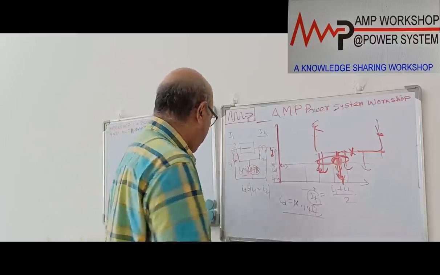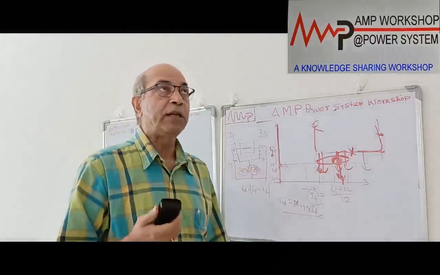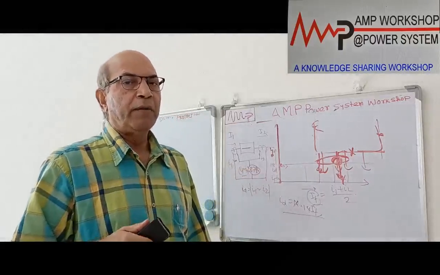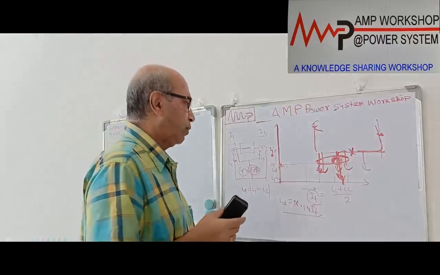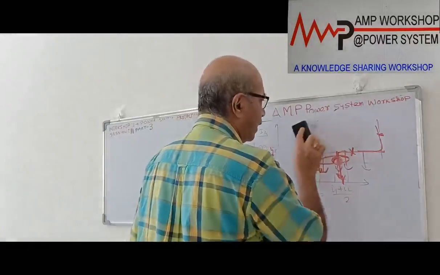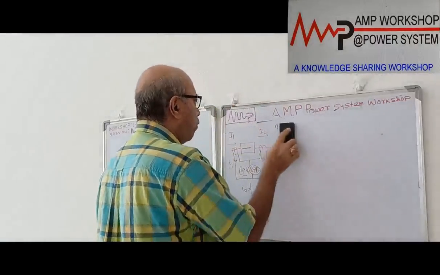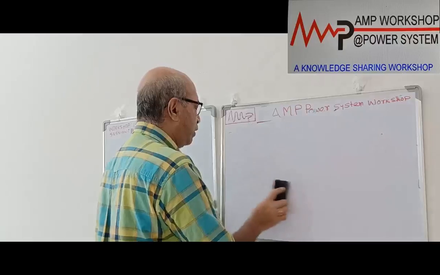To overcome this problem, what we do, we can improve this low impedance differential scheme using bias characteristics. So how do these bias characteristics help us? We can explain this thing. We have discussed during generator protection the voltage restraint overcurrent relay, 51V relay.